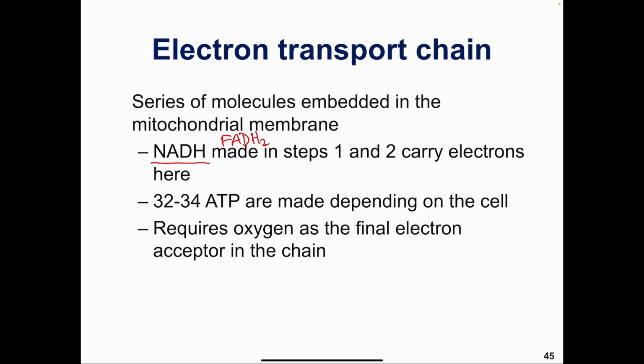In the process, these electrons are going to be deprived of their energy. That energy is going to go toward the production of ATP. At the end of the day, 32 to 34 ATPs are going to be made in this process. This process requires oxygen as the final electron acceptor.